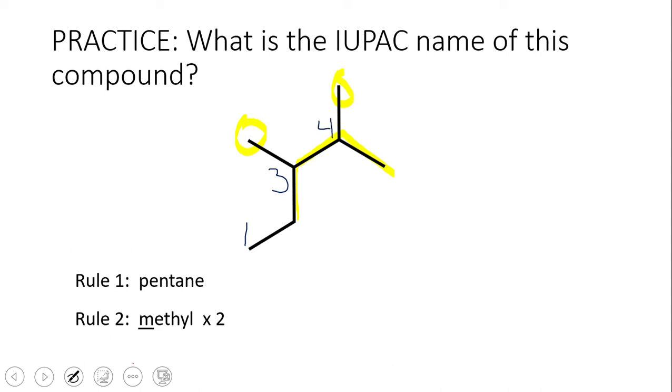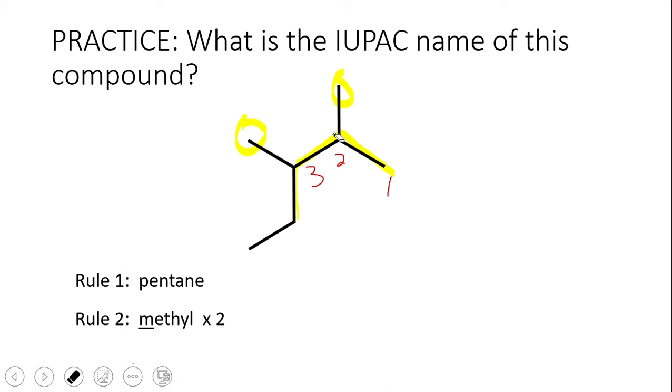However, if instead of that one, I were to start counting from the carbon on the right, and would call that number 1, then that means that my attachments or my substituents would be at positions 2 and 3. Notice that the rule says you have to choose the numbering system that gives you the lower sum of position numbers. Therefore, we're not going to take into account that first attempt that we did.